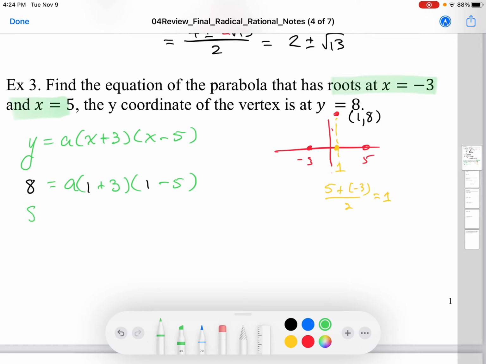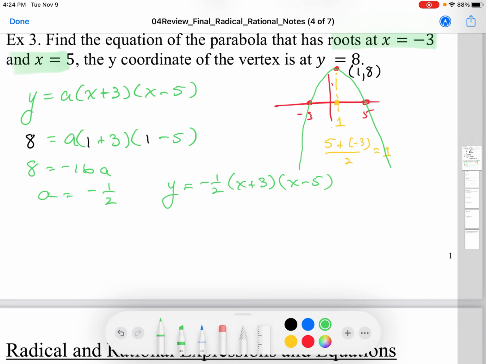So 8 is equal to 4 times -4, so I get -16a. A is equal to -1/2. And that makes sense because it is an upside down parabola, so we should expect the a value to be negative, and we get y equals -1/2 (x plus 3)(x minus 5). Okay, so that is the factored form.